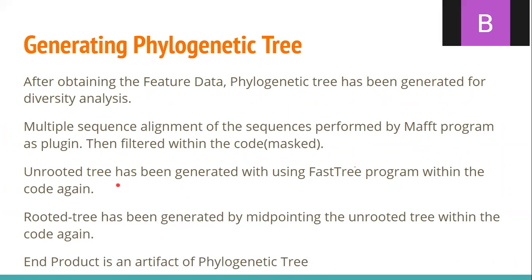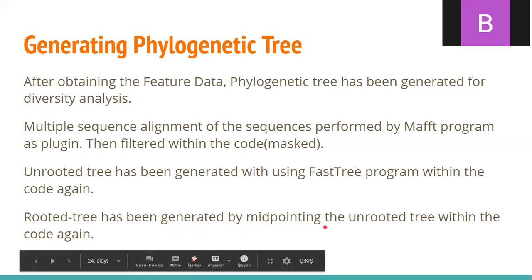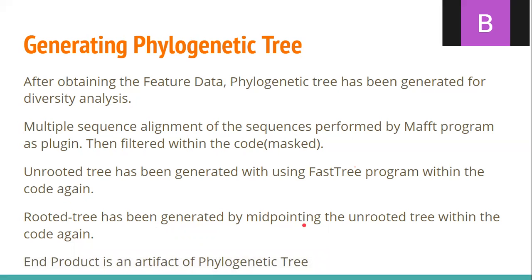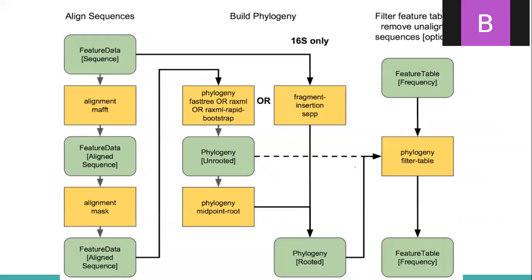Using these multiple alignments, we generated an unrooted tree for the similarity between them with the FastTree plugin. After that, we generated a midpoint rooting to convert the unrooted tree to a rooted tree, again in QIIME 2. The end product is an artifact of the phylogenetic tree.